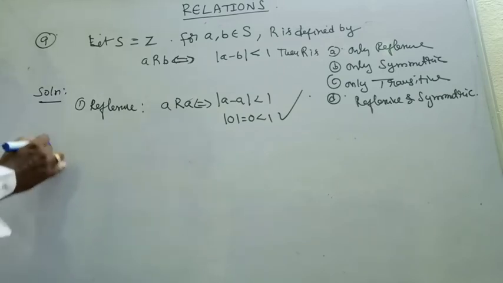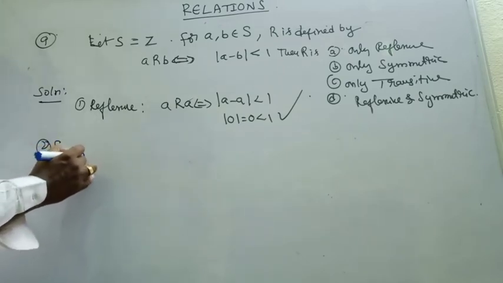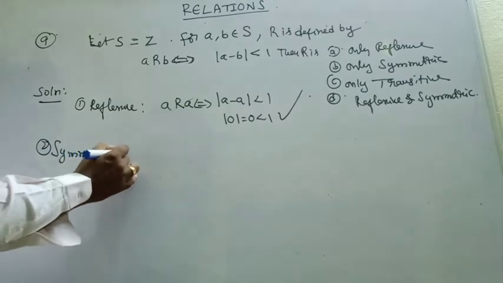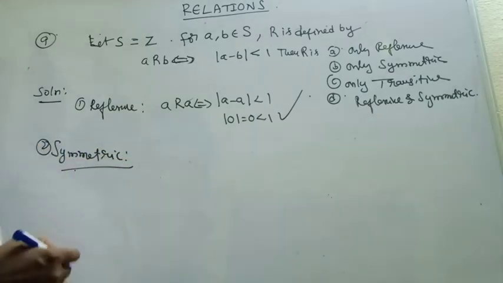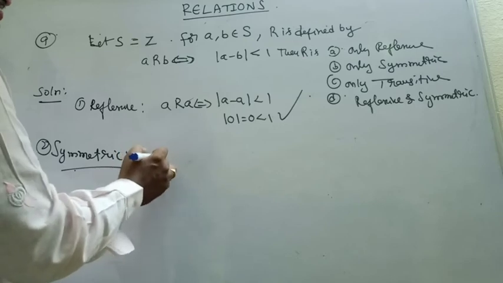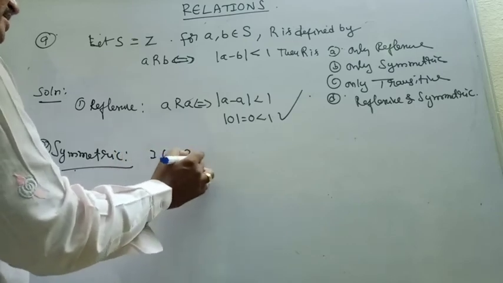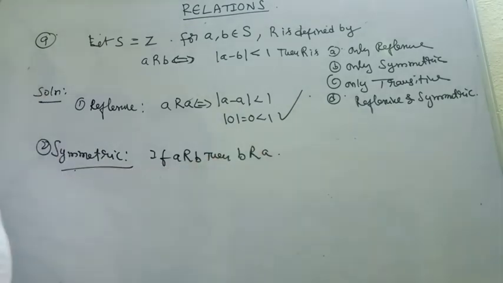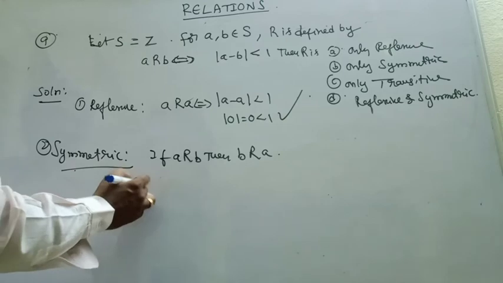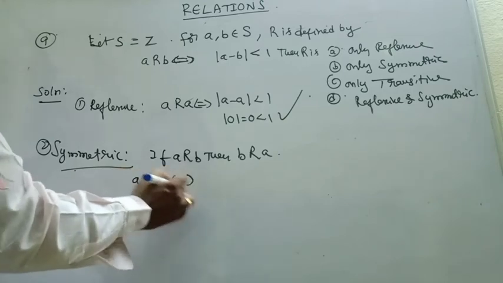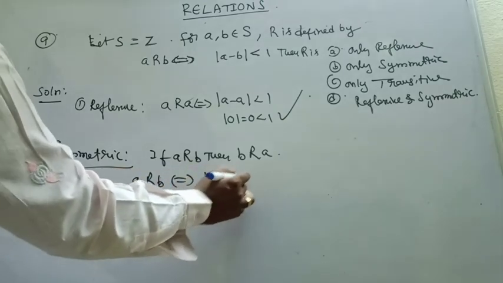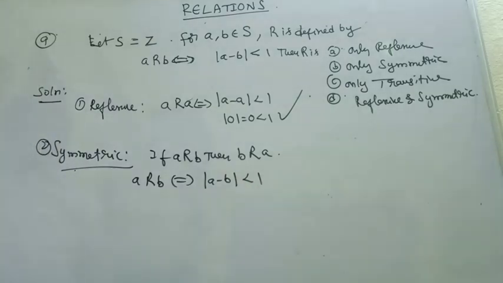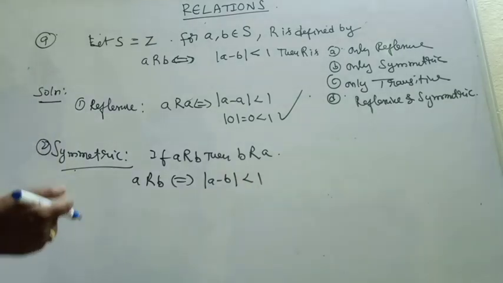Next, the second one, symmetric. Let us try symmetric. Symmetric means, my dear students, if A related to B, then B should be related to A. A related to B means what they have given: modulus of A minus B is less than 1.